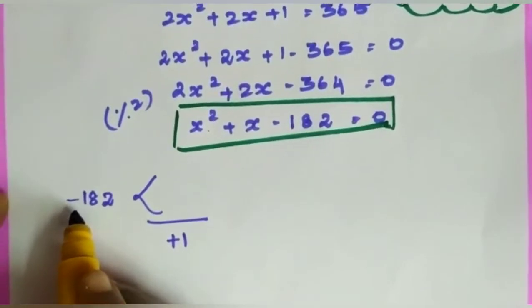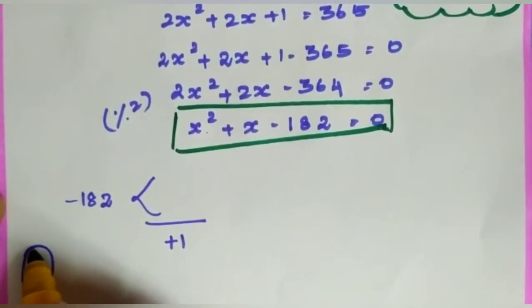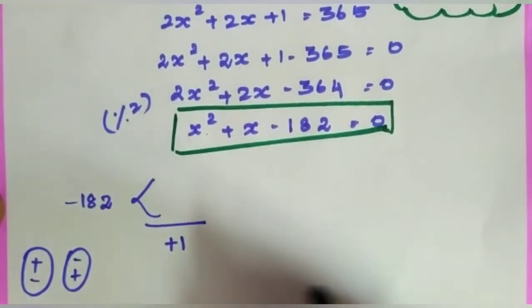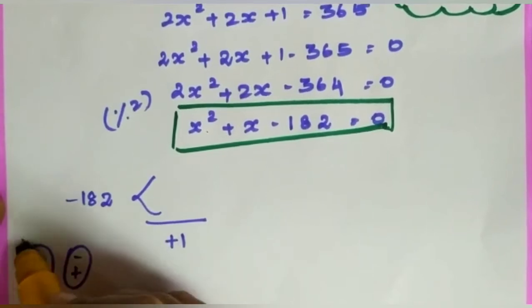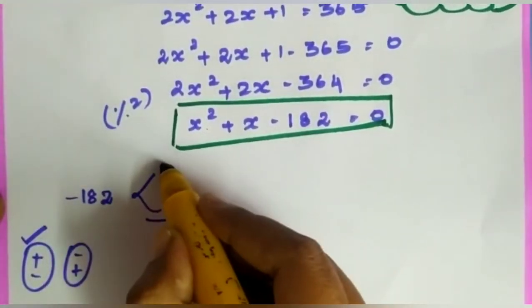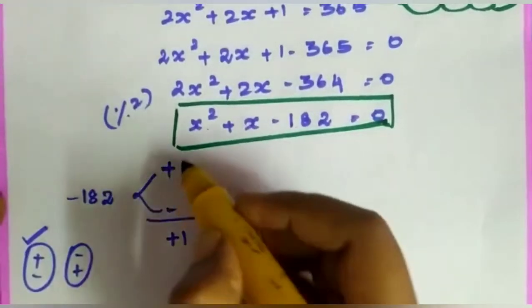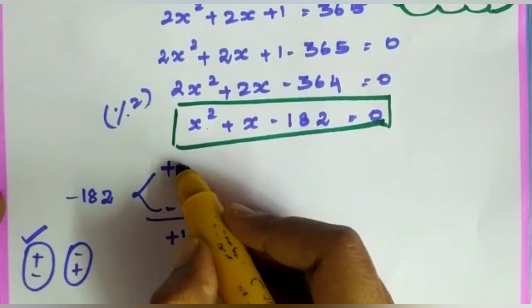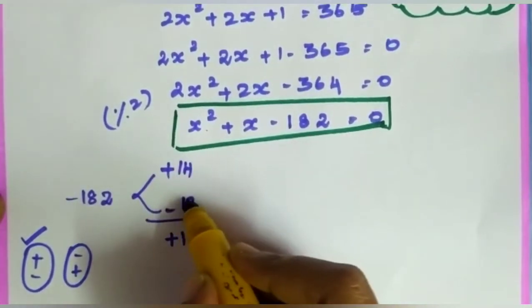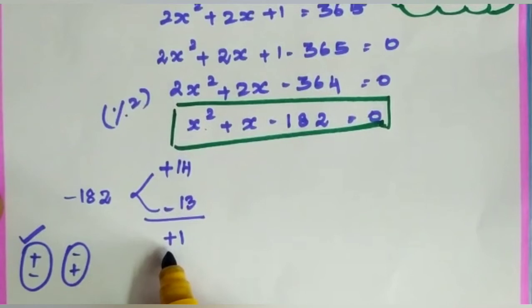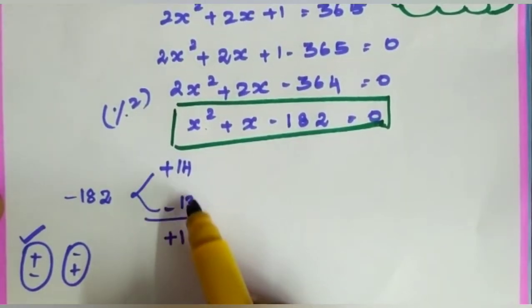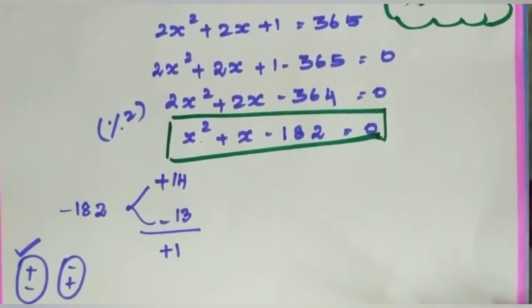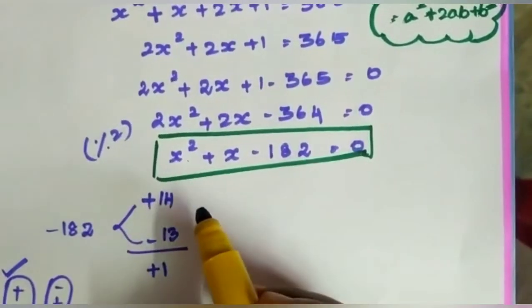Here I have a negative constant, so one must be positive and the other negative. Here the middle term is positive, so I have to choose the bigger number positive. Already in the previous problem we found 14 and 13, so shall we check with that? The signs are different, so you subtract: 14 minus 13 is 1.